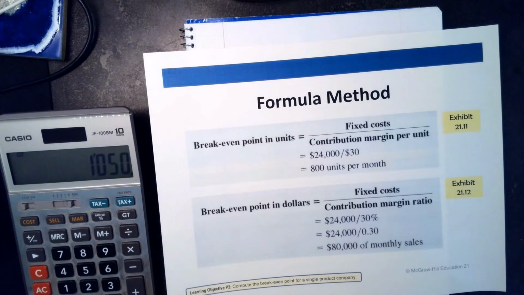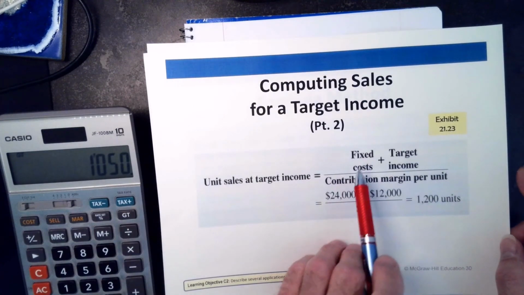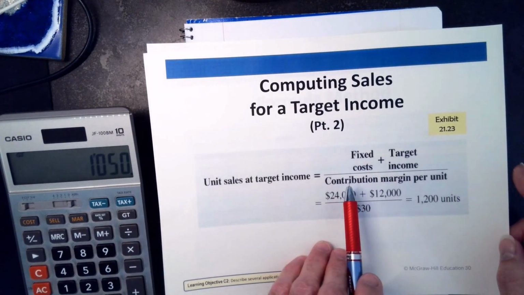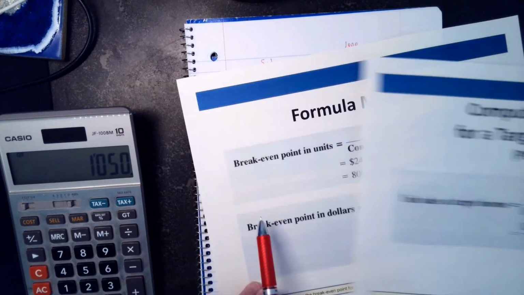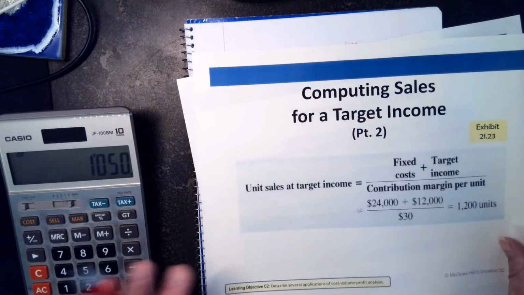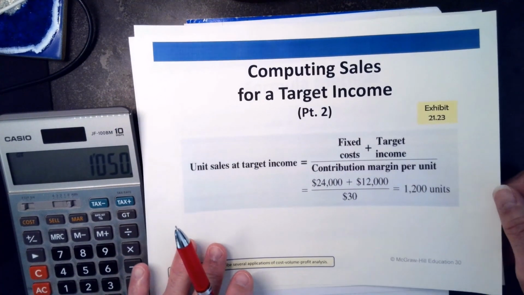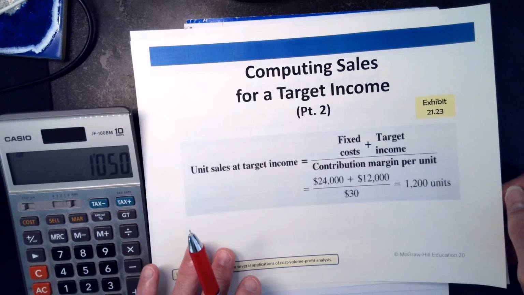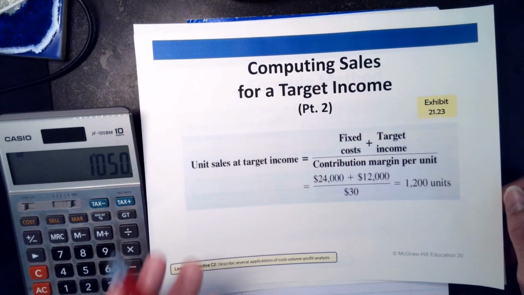But then they wind up mixing it up even more when they bring in this, and then they have to redo another formula, and the student looking at this thinks that they've got to remember 4 different formulas, one for unit sales, another for dollar sales, for both break even and target profit. It's like, oh my gosh, and I used to think this too when I was your age, going through accounting classes, and I thought, Jiminy Christmas, I gotta memorize all these formulas.